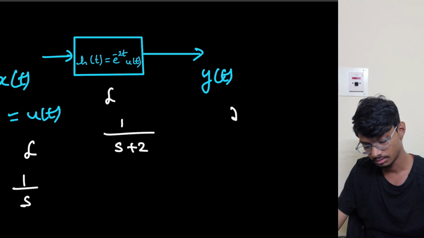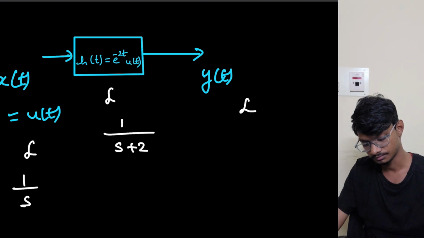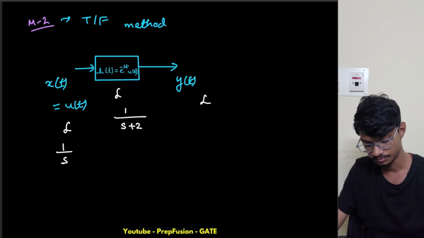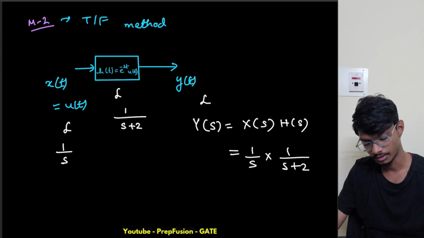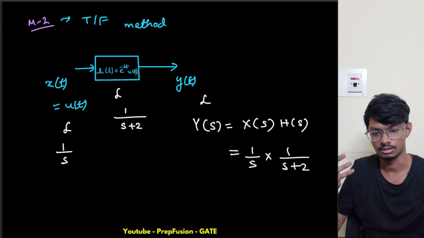So what will be y of s? Simply x of s times h of s, which is equal to 1 by s times 1 by s plus 2. Now I will simply do the partial fraction again.